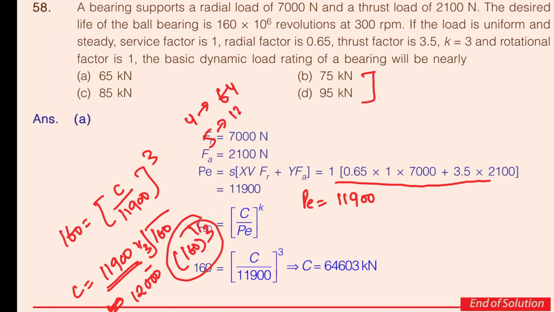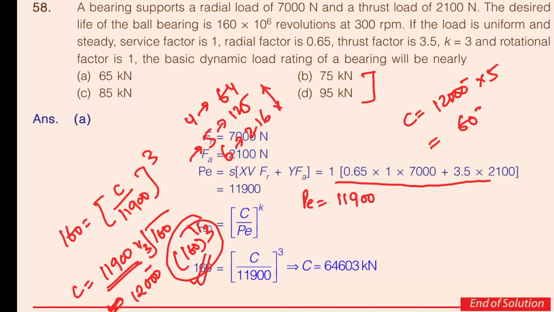The cube of 5 is 125. The cube of 6 is 216. So this particular value will be somewhere between 5 and 6. I don't know exactly what it is, so let's assume it to be 5 first. So with 5, the C value will come out to be 12,000, somewhat lesser than this, into 5, and that will be 60, a little bit lesser than 60.